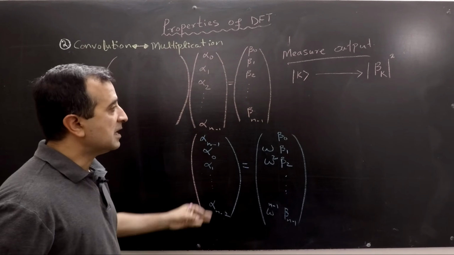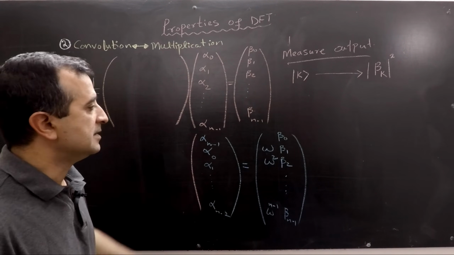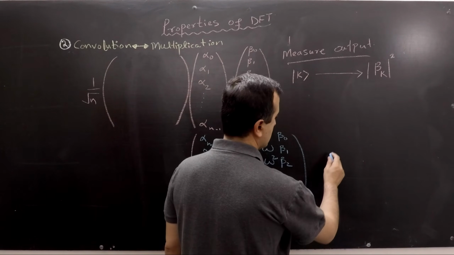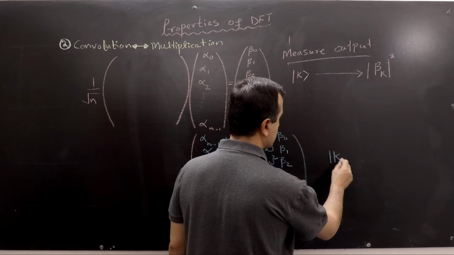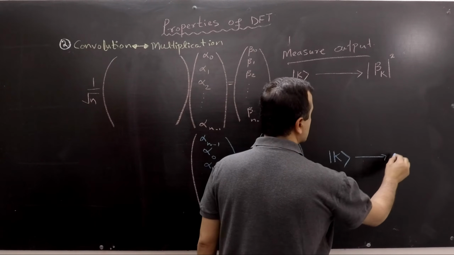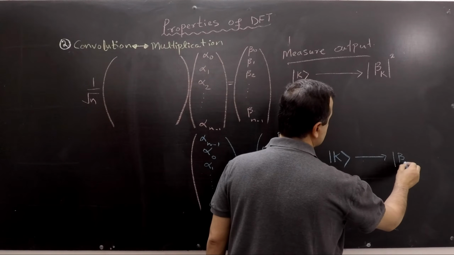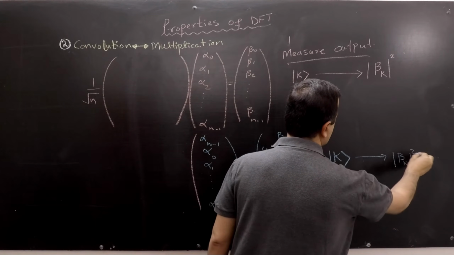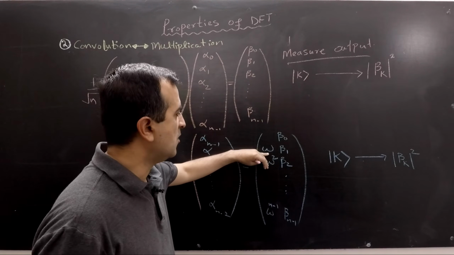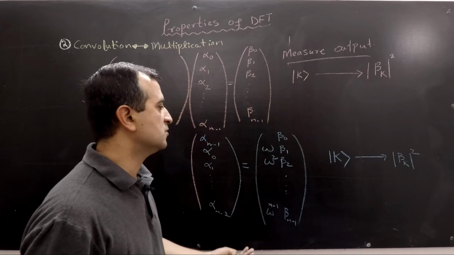And now if I measure this new output vector, my answer will be a random index k, with probability once again equal to the same probability, which is beta_k whole square. It is because the magnitude of omega or any power of omega is equal to 1.